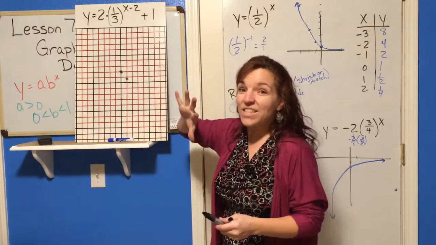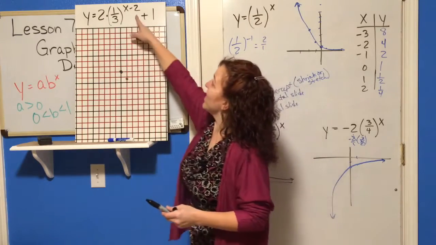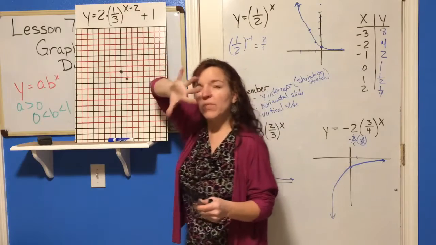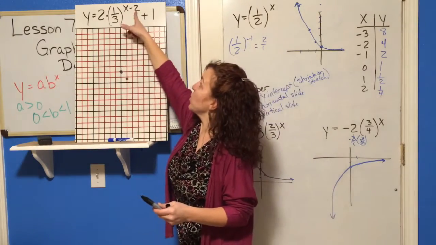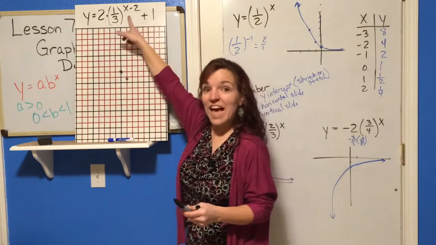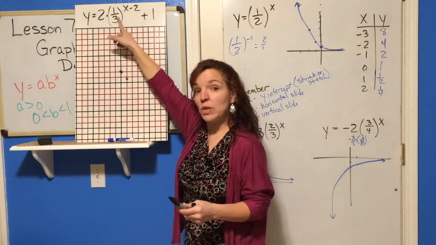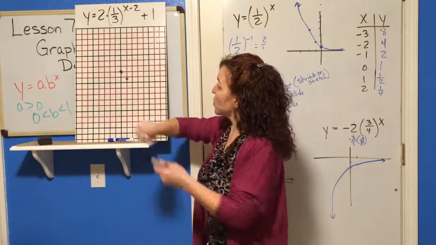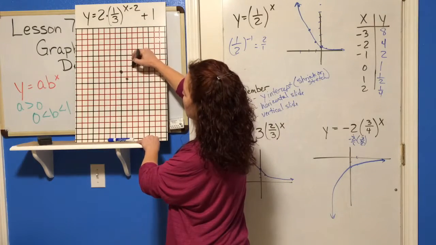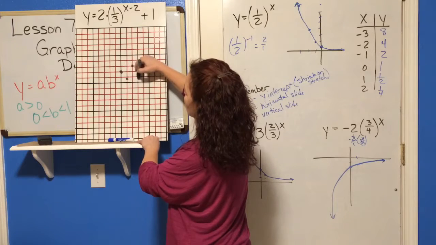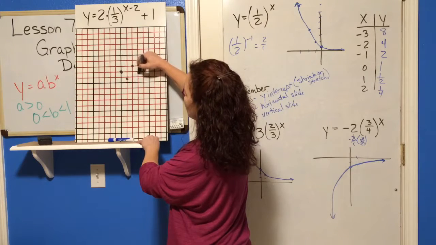All right, but we're going to slide it. Remember, with the slide, the h is negative, so this is going to be 2, 1. Our slide is going to go horizontally 2 and vertically 1. So it's going to go 2 over, 1 up, 2 over, 1 up.